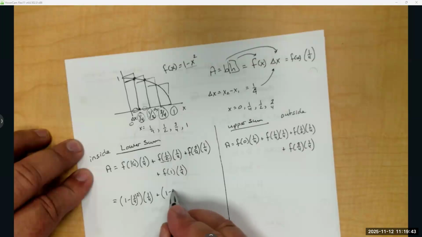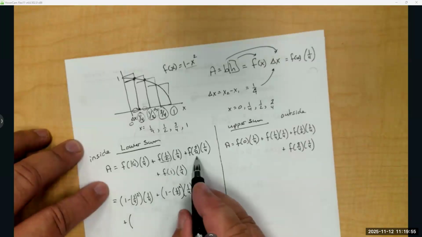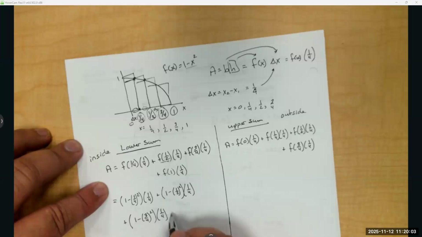So it's 1 minus 1/2 squared times 1/4, plus the third one, it's 1 minus 3/4 squared times 1/4.